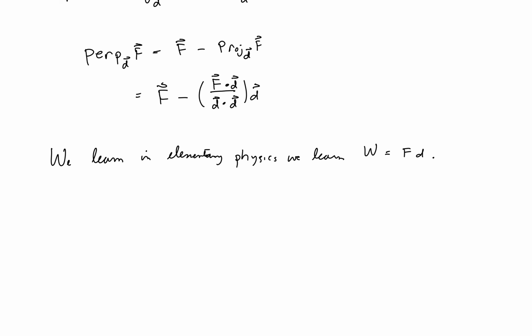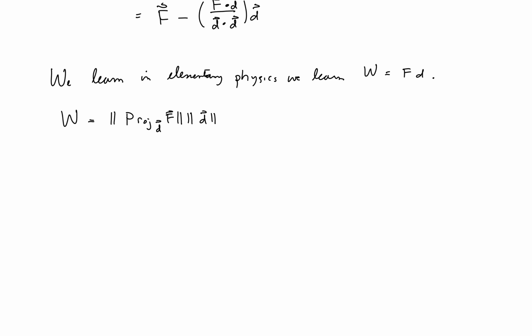So in this case, we saw that the only part of the force that should contribute should be the projection. So our work should really be the magnitude of the projection of F, and then the magnitude of the displacement. That would be what we'd be getting from this elementary physics formula if we were working in terms of vectors.